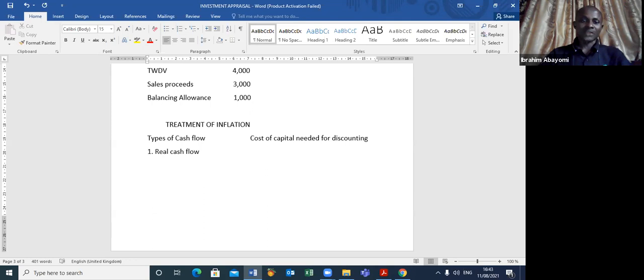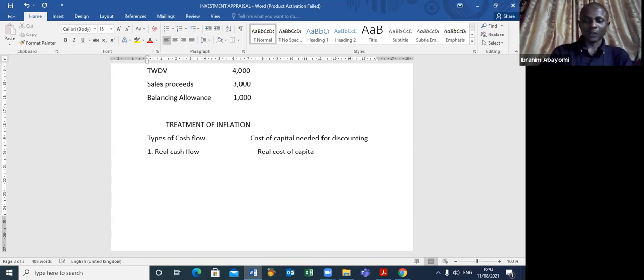When you have a cash flow for which you have not considered the impact of inflation, we say the cash flow is a real cash flow. And when you want to discount a real cash flow, you need real cost of capital.